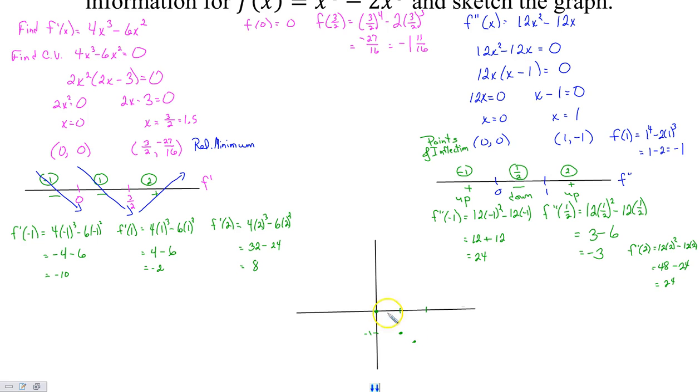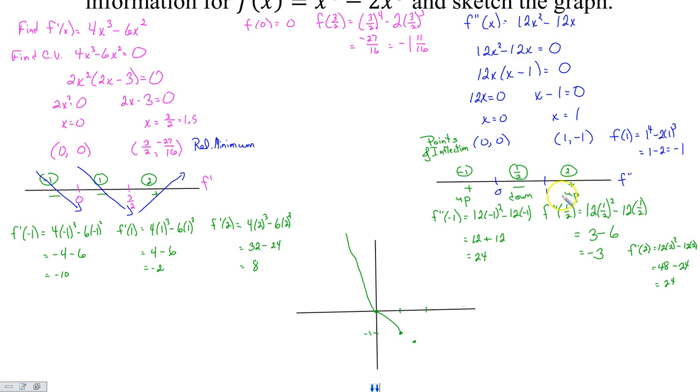We know that this is a minimum, and we know that this is not a maximum. So my graph, you're just going to have to bear with me just a little bit. It's going to come down, and it's going to curve because it was concave up, and then it twists through here and becomes concave down.